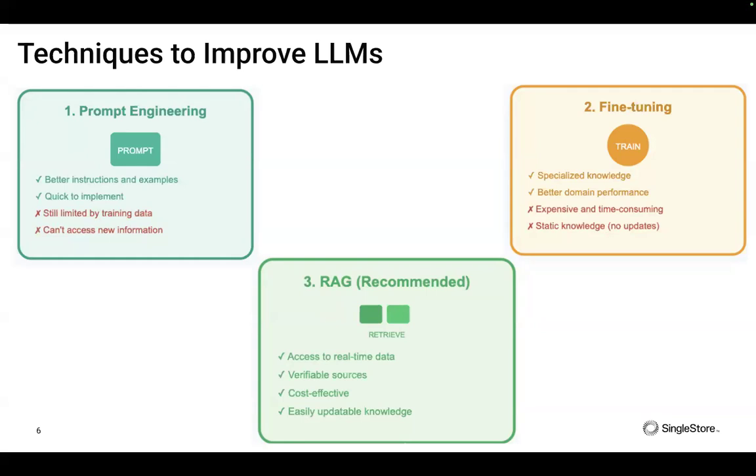Then comes RAG, Retrieval Augmented Generation, which is the recommended approach to improve LLM applications. With RAG, you can have access to real-time data and your custom data, it is cost effective, and you can easily update the knowledge using a vector database. Fine tuning is okay, but it requires a lot of computing power.